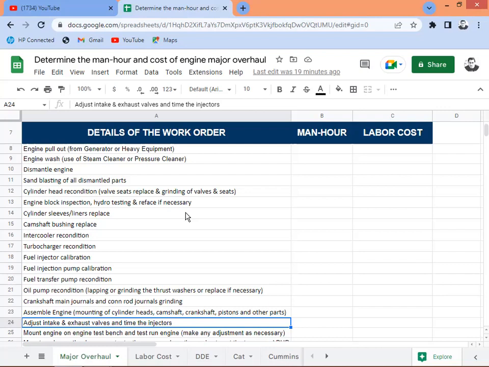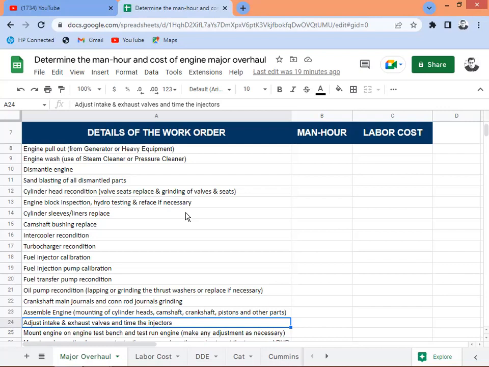That's why when you're doing adjustment of the intake and exhaust valves, you also have to do the timing of the injectors. There are special tools that you're going to use, because the injectors of the Detroit diesel are also pumping. There's a spring.